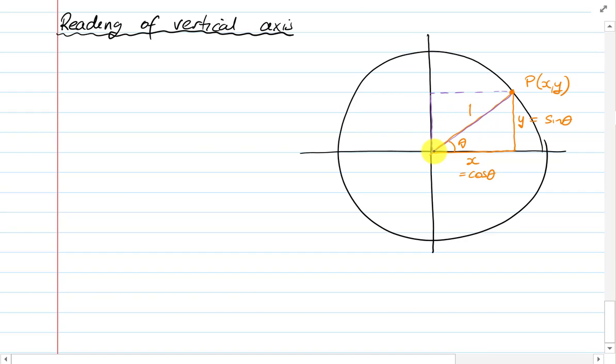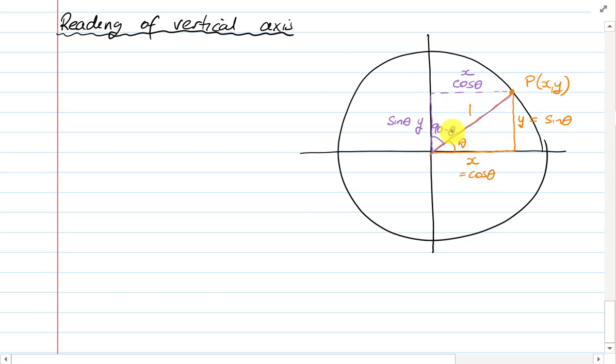Now, I hope you'll see that triangle combined with the orange triangle creates a rectangle, and so therefore this side length here is also cos theta, or x, and this side length here is also sine theta, or y. And this angle, can anybody tell me what that angle is? You'll be famous. 90 minus theta, or pi on 2 minus theta if you're working in radians.